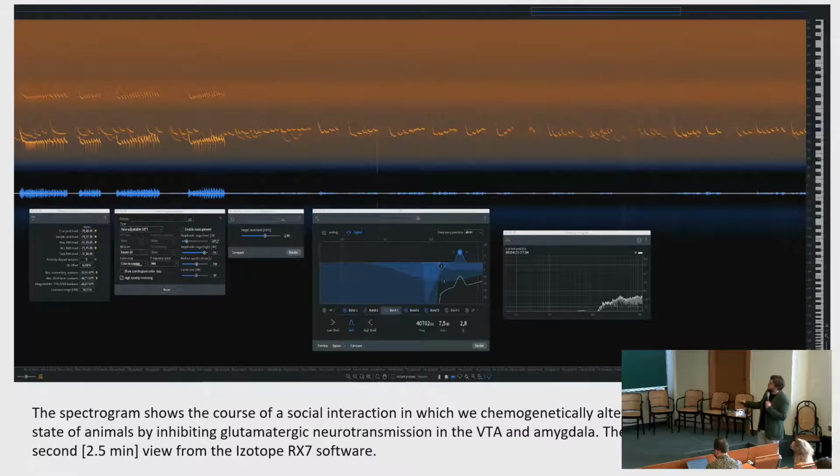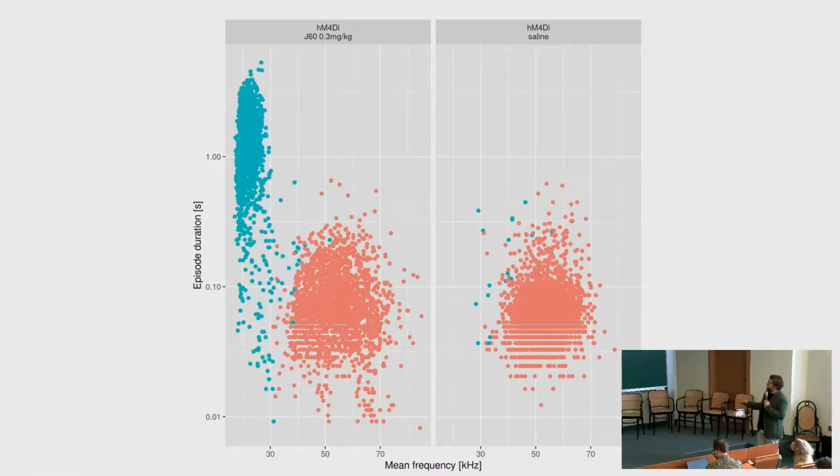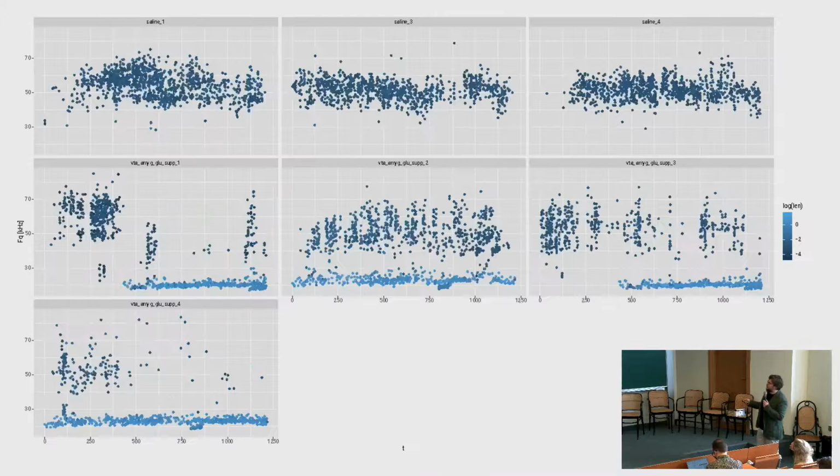Here is the spectrogram. Here you can see the episode duration in the group where we suppressed the glutamatergic transmission in the amygdala and VTA, we produced those 22 kilohertz aversive calls.